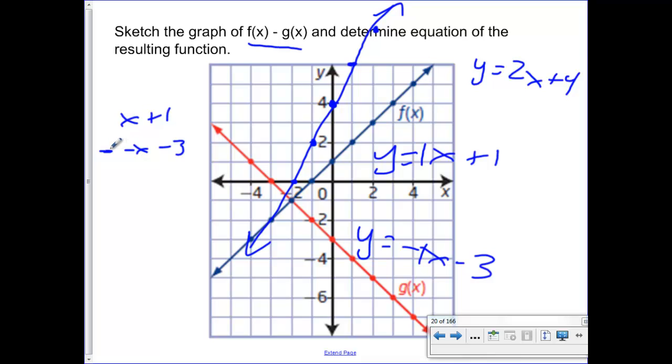So what is x minus -x? 2x. And 1 minus -3? This right here is a 2. Makes sense? X minus a -x is 2x, and 1 minus -3 is 4.